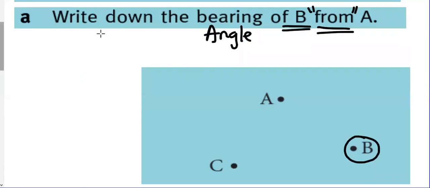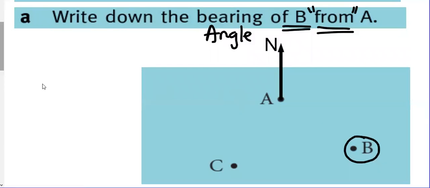So this is from A. Go onto point A, because they said from A, and draw your north direction, and label it: this is the north direction.